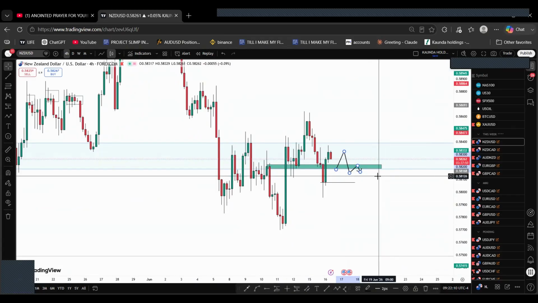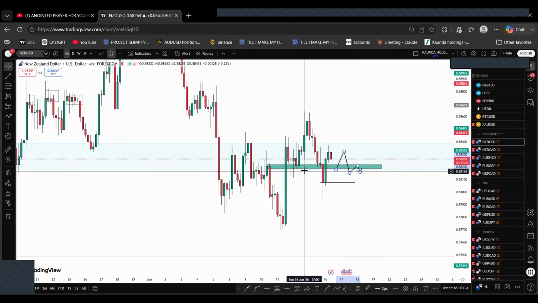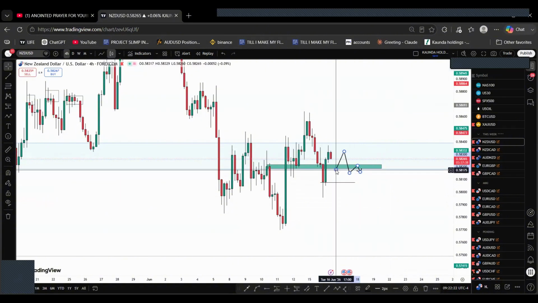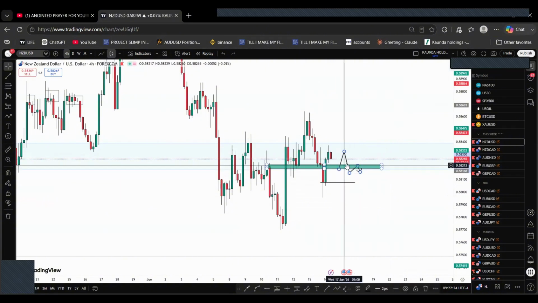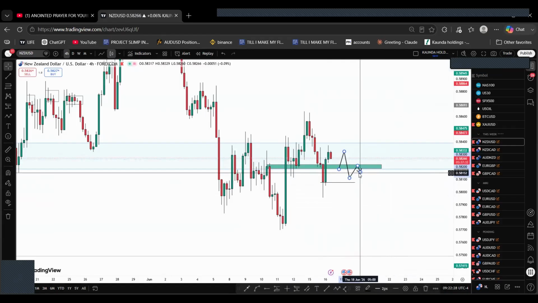So in this case, it's simple. You just have to wait for price to break below and then we test and then sell here.